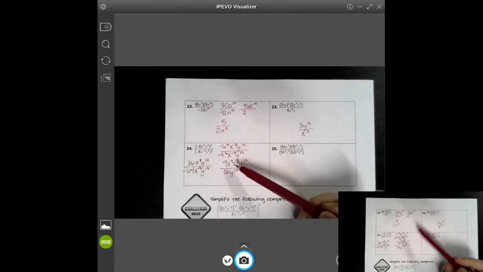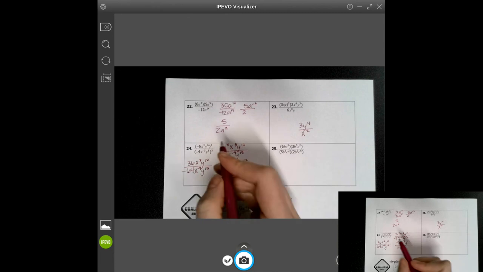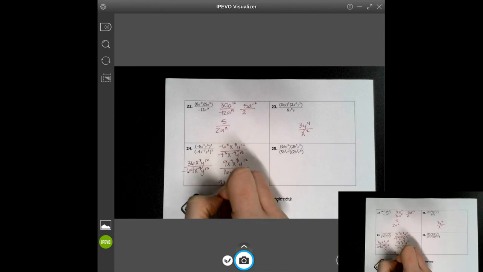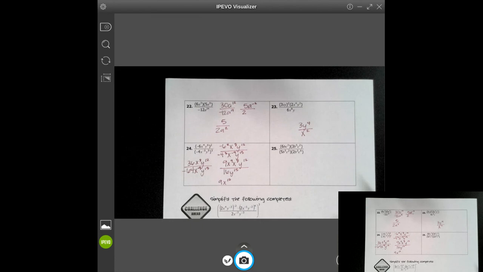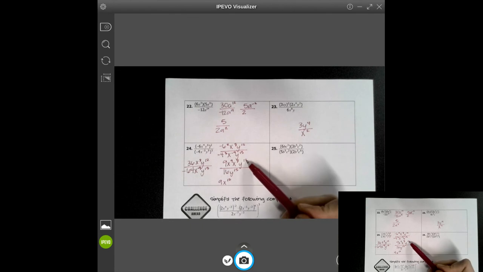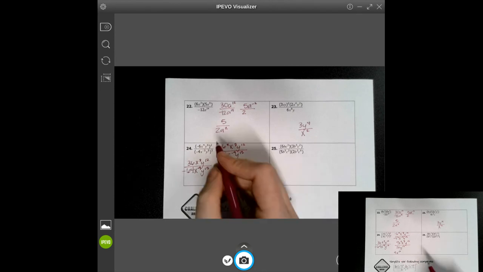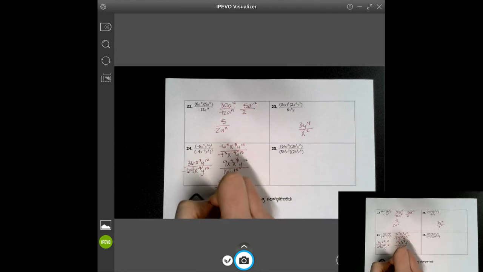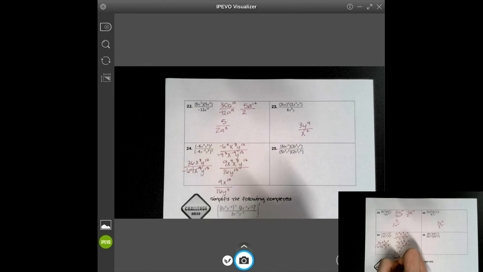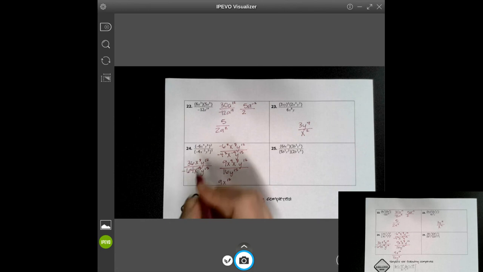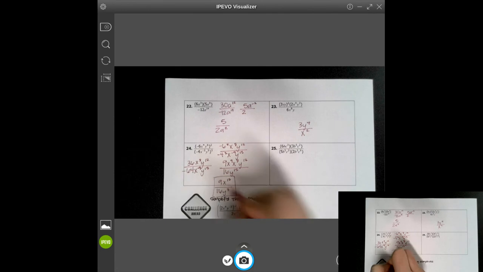So then I can combine my x's and become 9x to the 17th. And if I do y to the 12th over y to the 15th, that'd be negative 3, but I want that to be on the bottom, so it's positive. So I'll put over 16y to the 3rd. That was a lot. Okay, so that's my final answer there.